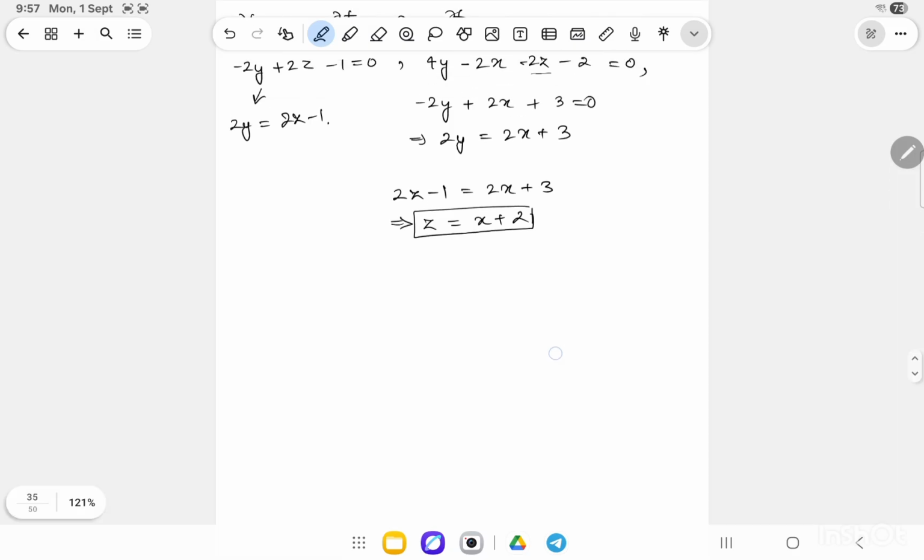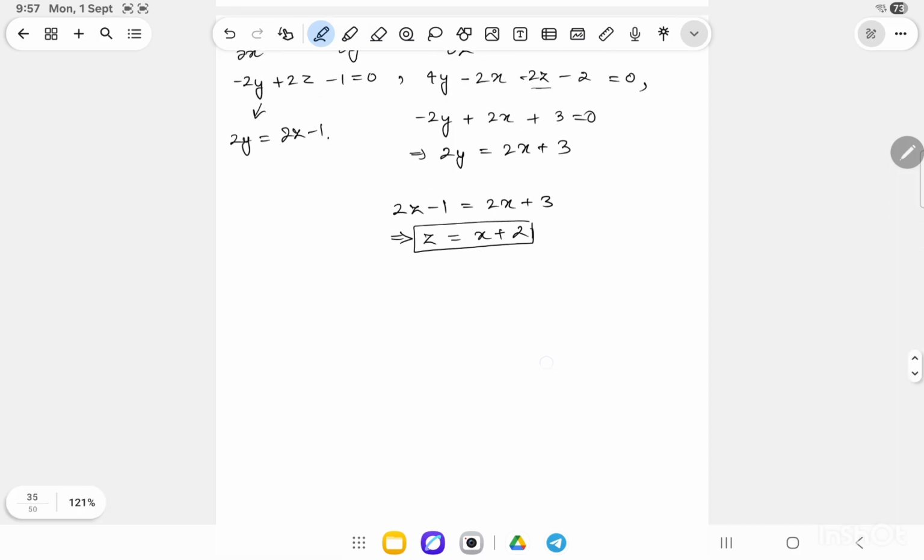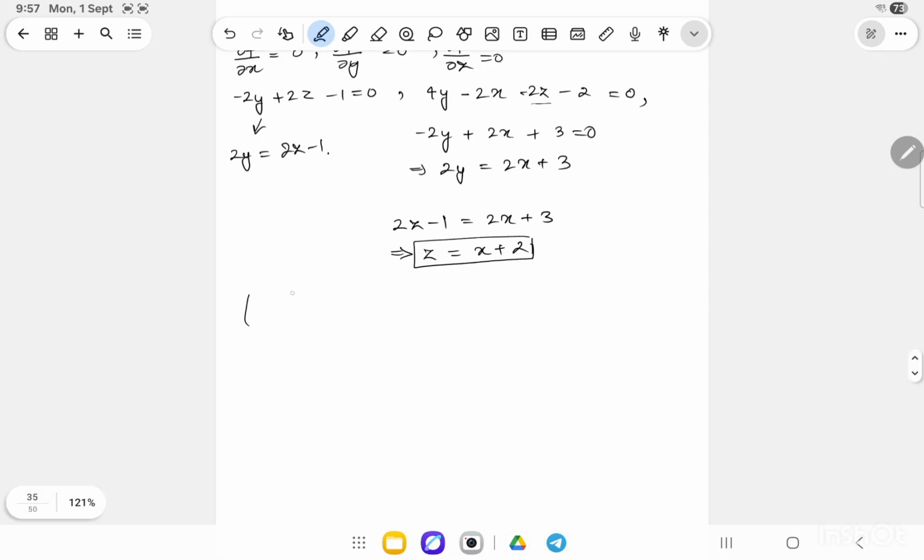So let's see what else we can do. So basically my x is 2y minus 3 by 2, and my z is basically 2y plus 1 by 2.